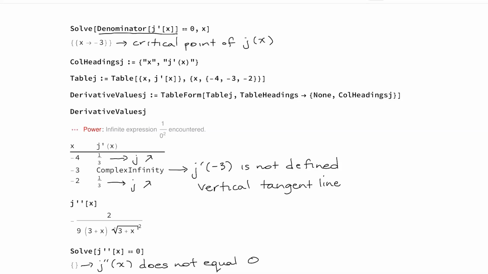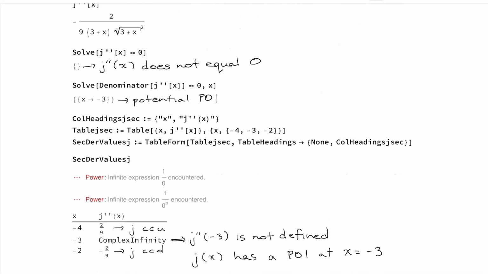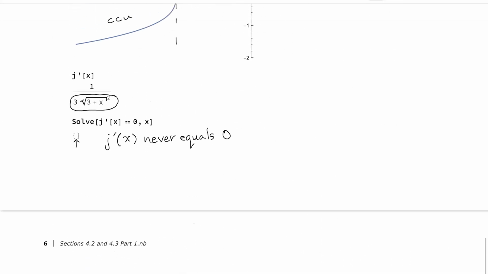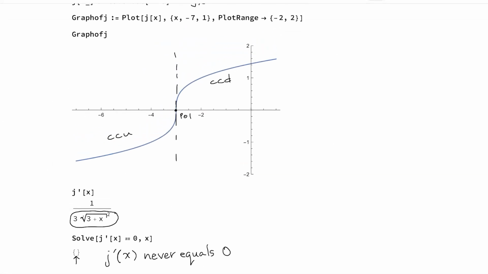So j prime of negative 3 is not defined, and I see from my picture I have a vertical tangent line, which I had seen earlier, and the derivative is the slope of the tangent line. If the tangent line is vertical, that means its slope is undefined, so the derivative is undefined.